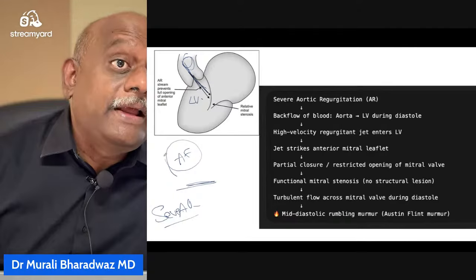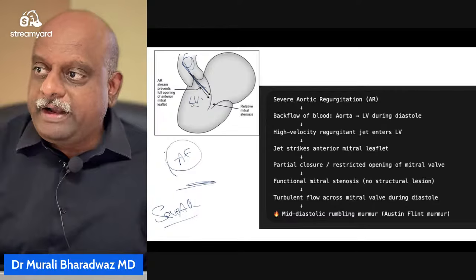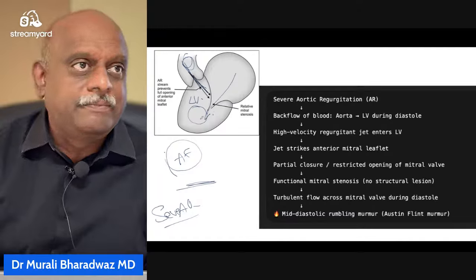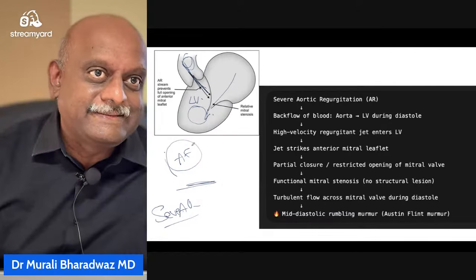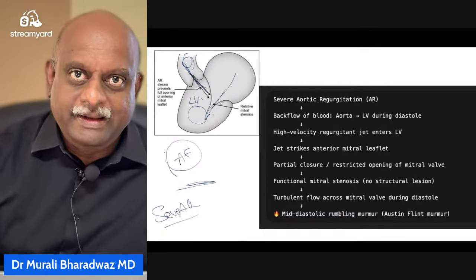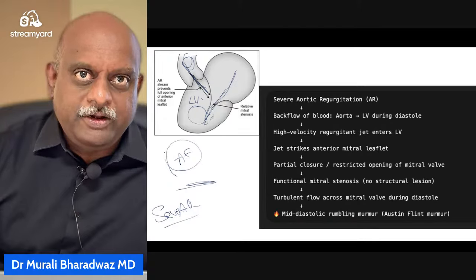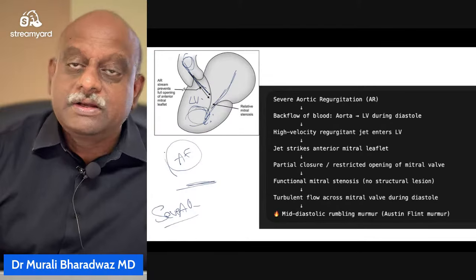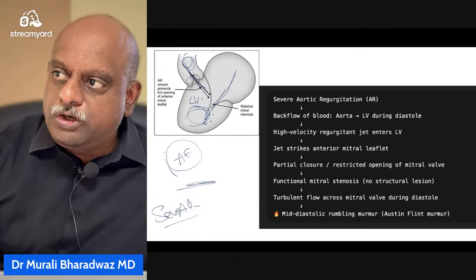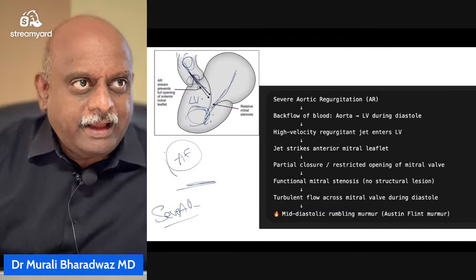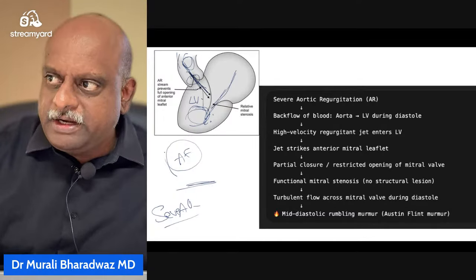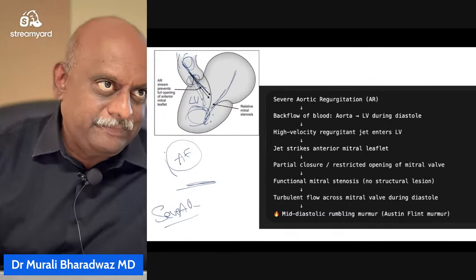When is that happening? When the ventricle is undergoing diastole from the atria. Agreed? The atrium is pushing the blood into the ventricle, and the ventricle is supposed to not receive anything from the aorta, but because of the regurgitation, it is happening.